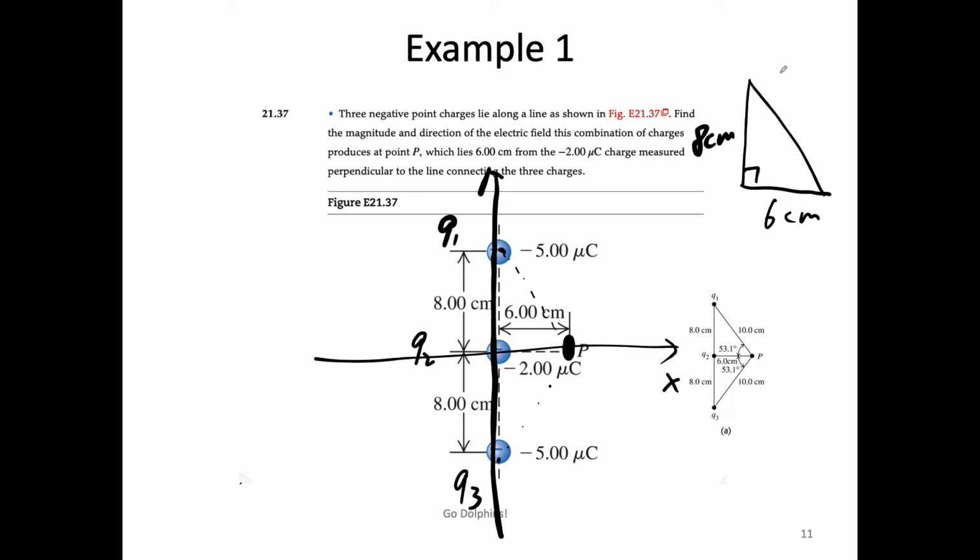Using the Pythagorean theorem, 8 squared plus 6 squared gives 10 centimeters for the distance from Q1 to P. Also the same, 10 centimeters from Q3 to P. Now we also need the angle between Q1P and Q2P. We can use trigonometry to find that this angle is 53.1 degrees.